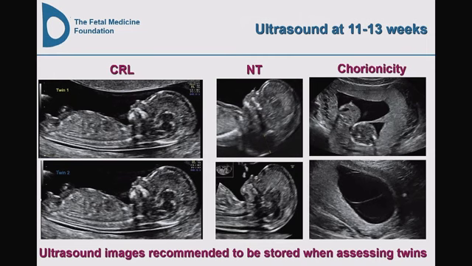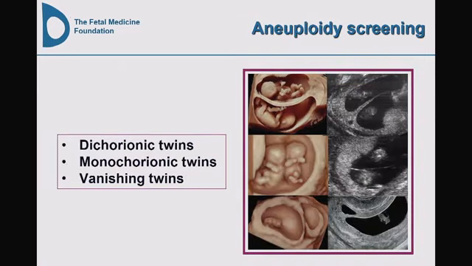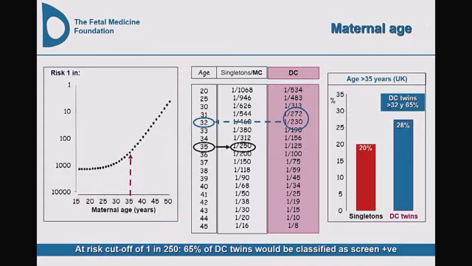And of course, the most important thing, as I started my lecture, is to assess and to know the chorionicity of this pregnancy. And now let me go to how we perform screening for chromosomal abnormalities in twin pregnancy, and I will highlight dichorionic, monochorionic, and vanishing twins.